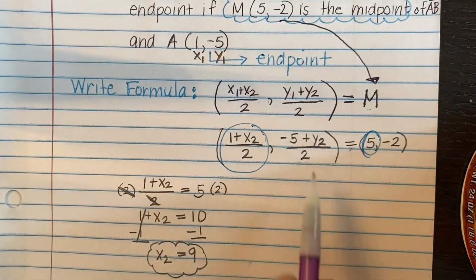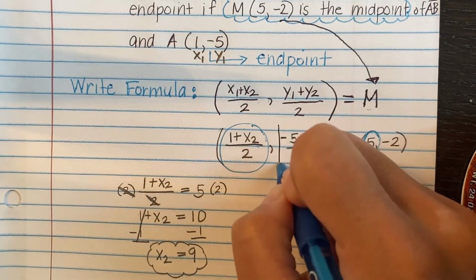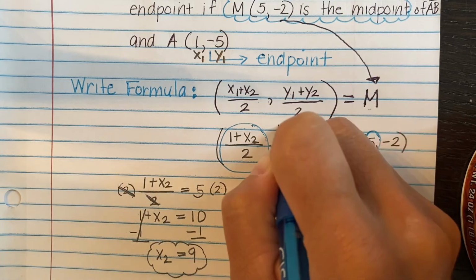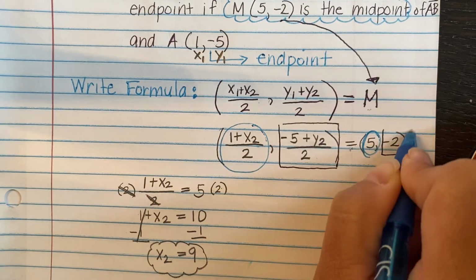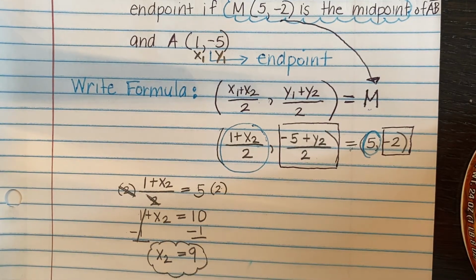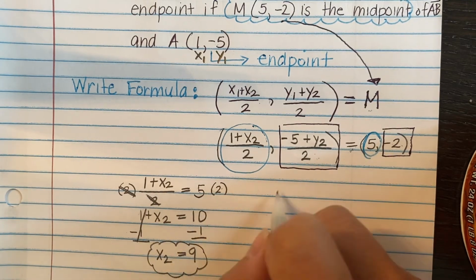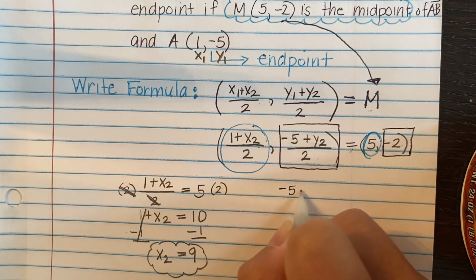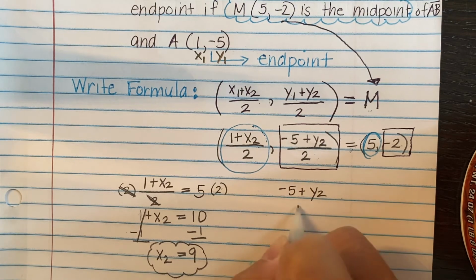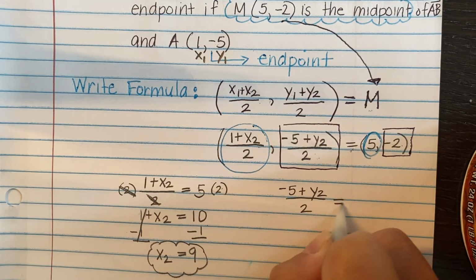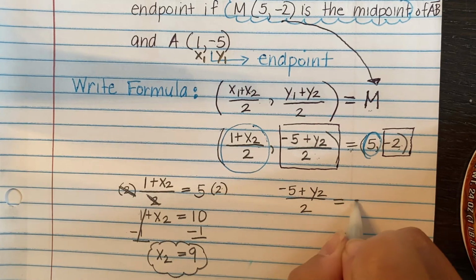All right, now on this right side here, this is our y value. So we want to set those two pieces of information equal to each other. So we've got (-5 plus y2) divided by 2 equals -2.